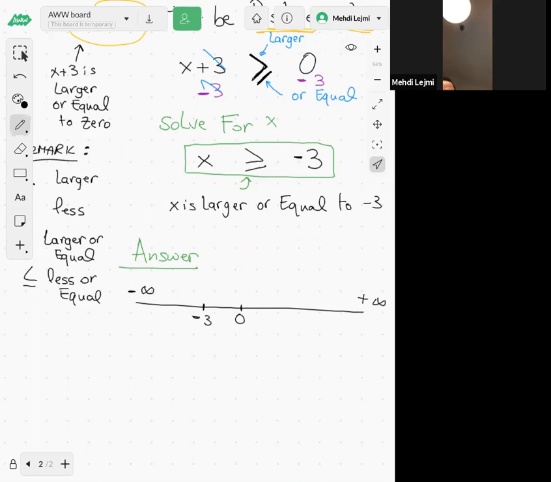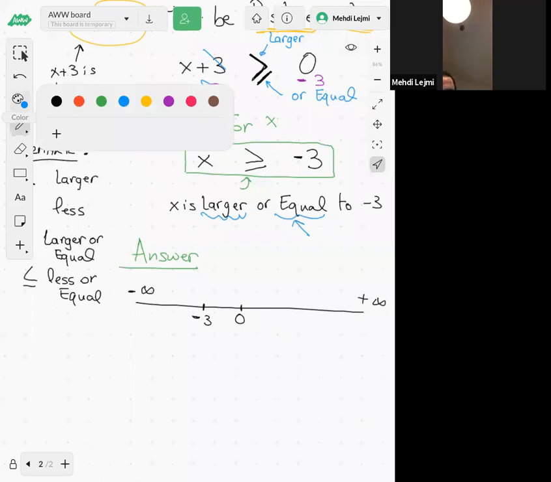So what I'm saying is my domain, my input x, is larger or equal. So it can be equal to negative 3. This is really important, guys. So larger than negative 3 means that x is on the right side of negative 3, right?